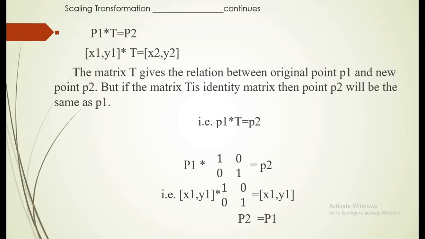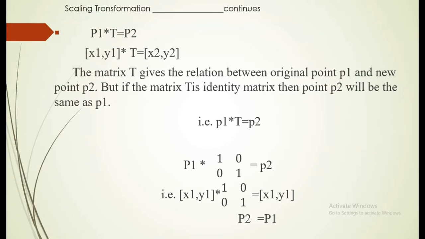The matrix T gives the relation between the original point P1 and the new point P2. So when we multiply matrix T with the original coordinate P1, we get the new point P2.